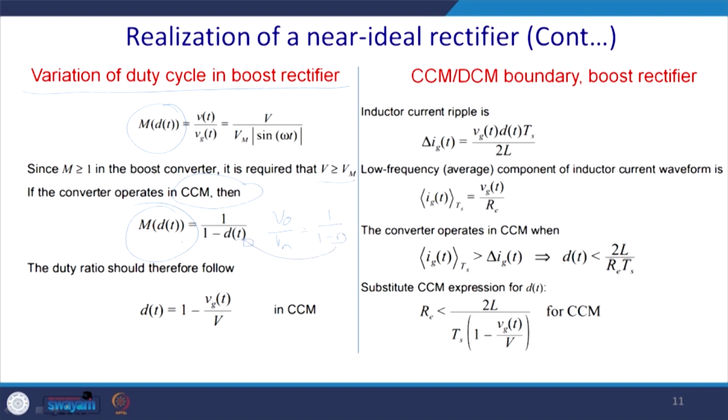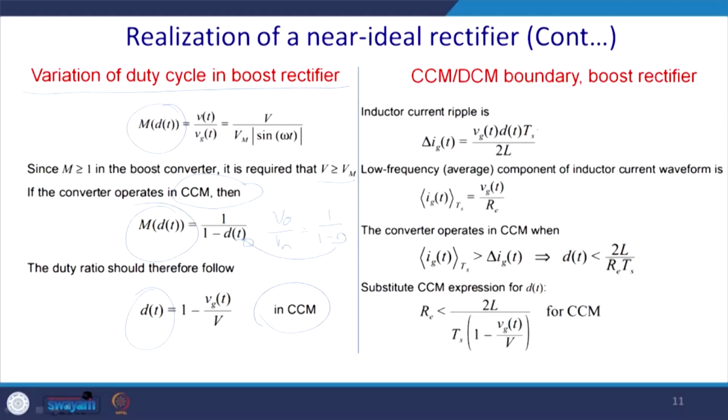So, this has been replaced here, and thus the duty ratio will follow d(t) equal to 1 minus Vg by V, but it is only for continuous conduction mode and control is easy. And accordingly, we require to design the rectifier and also this inductor, so that it remains in continuous conduction mode. So, this is the way we can calculate it.